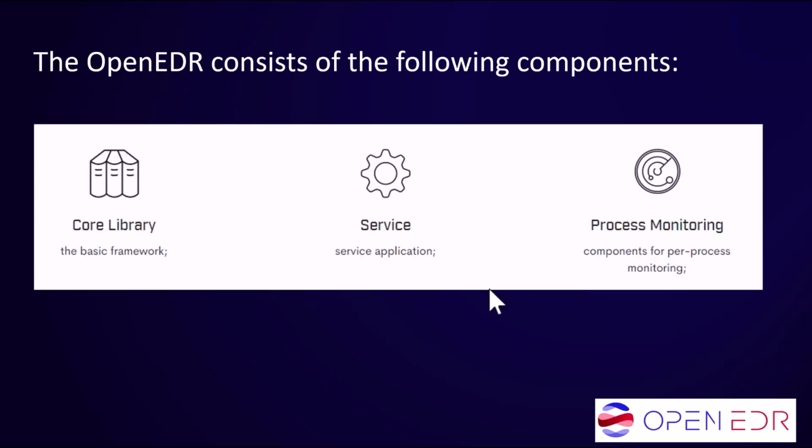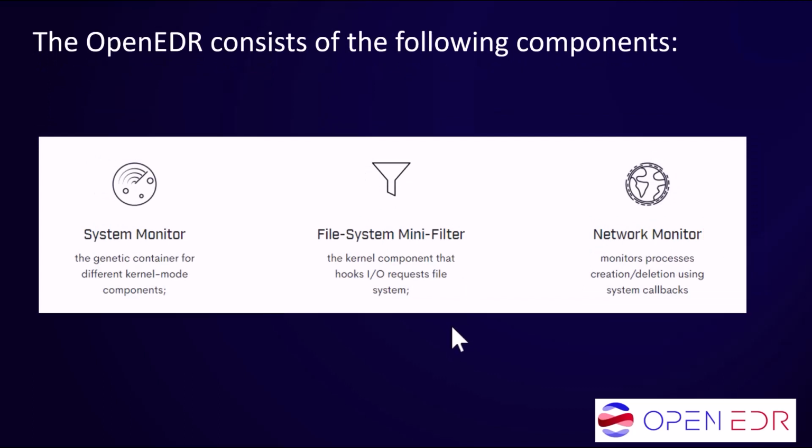OpenEDR consists of the following components. It has a code library with the basic framework. It has a service application. It has process monitoring, which has the components for process monitoring, of course. It has a system monitor, the generic container for different kernel mode components. It has a file system mini filter, the kernel component that hooks into I/O requests from the file system.